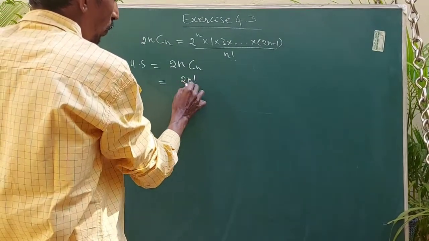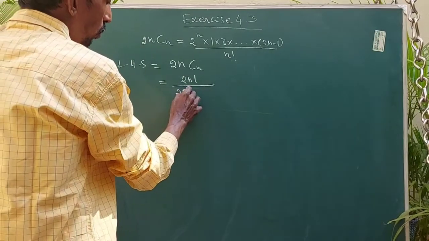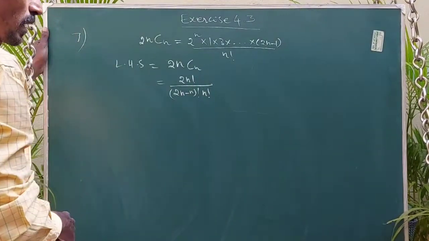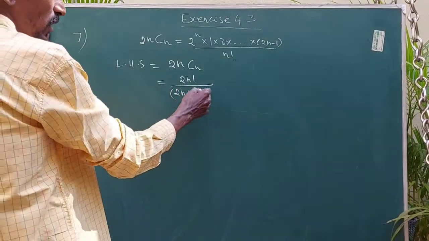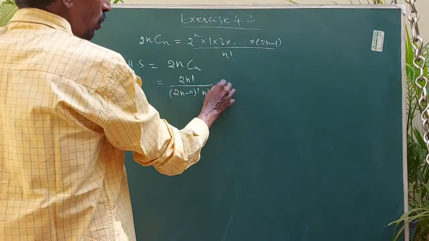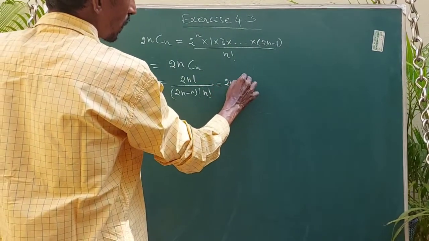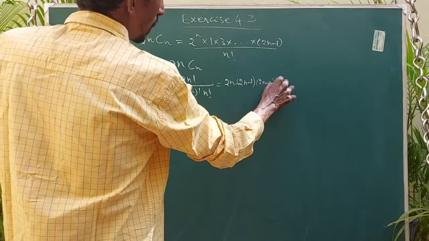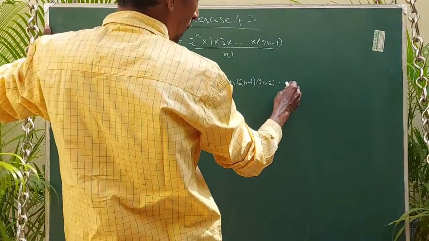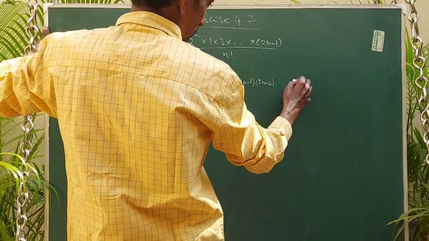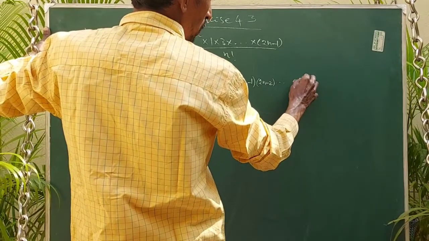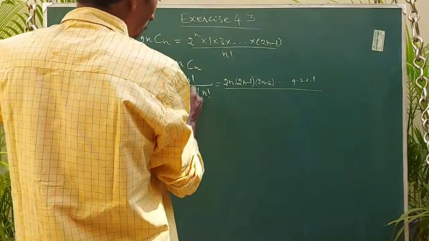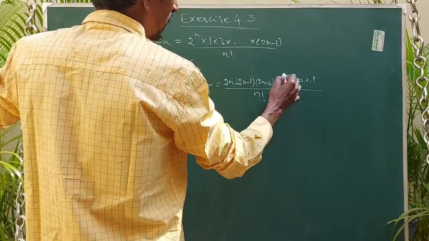So 2n factorial by 2n minus n factorial into n factorial. 2n factorial means 2n into 2n minus 1, into 2n minus 2, etc., 4, 3, 2, 1, by 2n minus n, that is n factorial into n factorial.